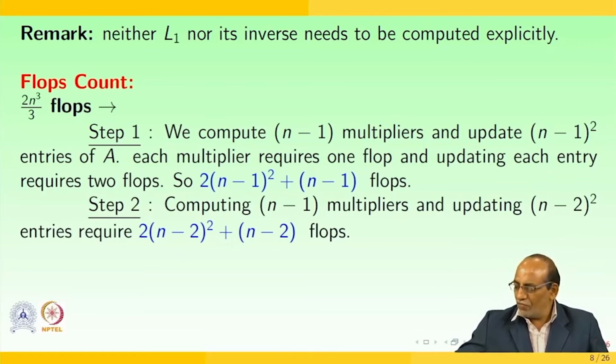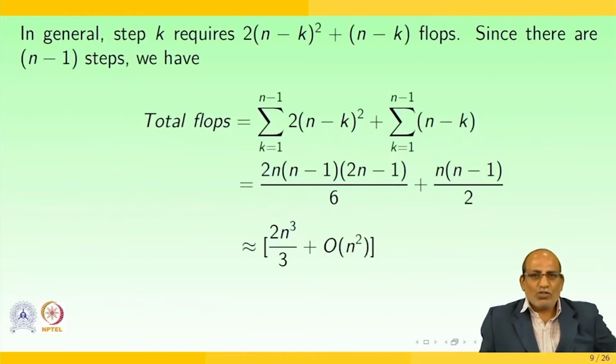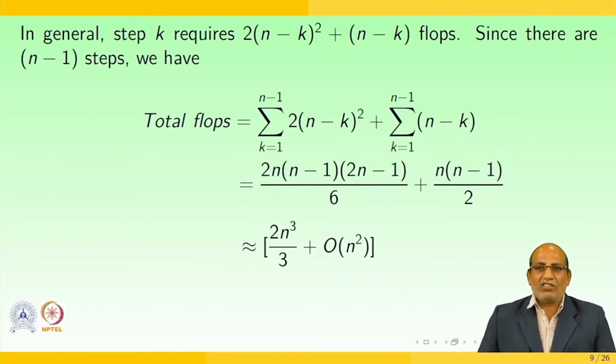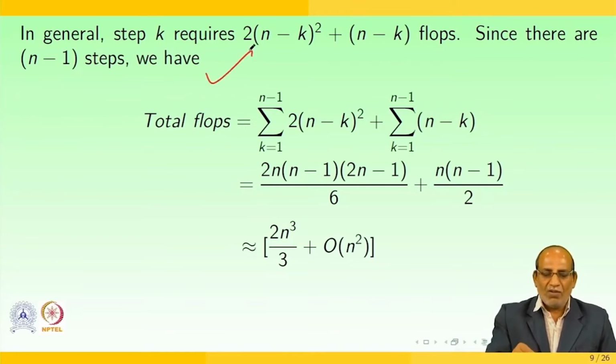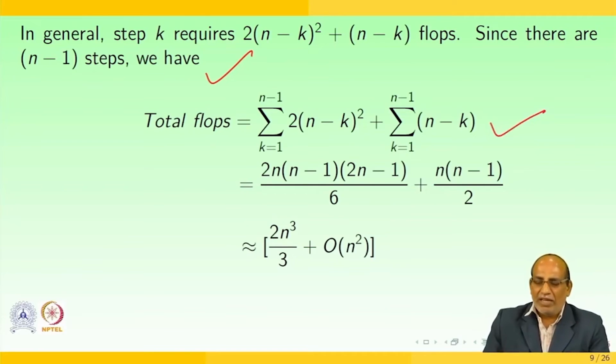So you can compute what the total flops are. In general, step k requires 2 times (n minus k) square plus (n minus k) flops. Since there are n minus 1 steps, we will have summation k equal to 1 to n minus 1 of 2 into (n minus k) whole square plus summation k equal to 1 to n minus 1 of (n minus k).